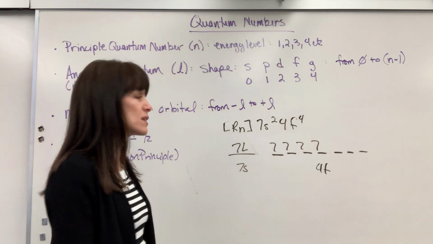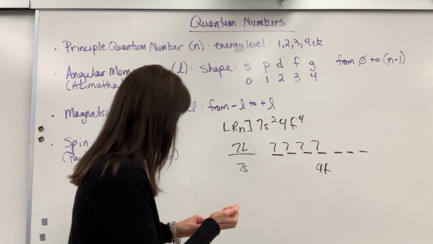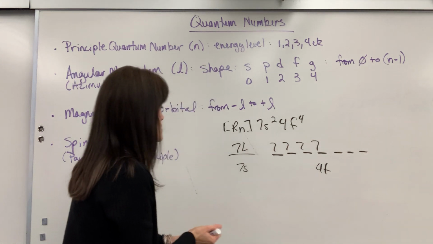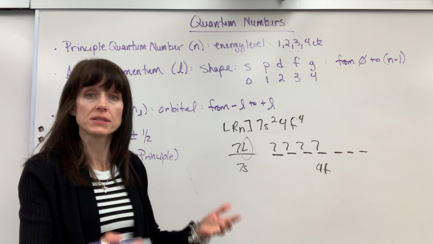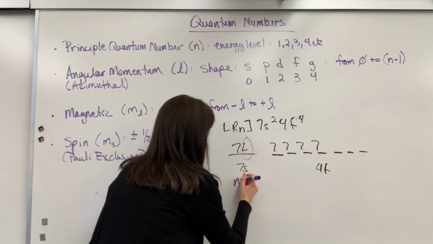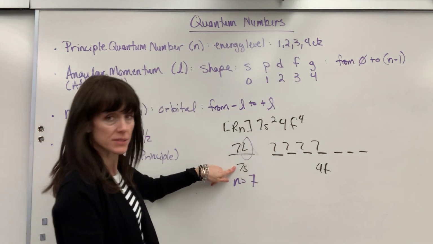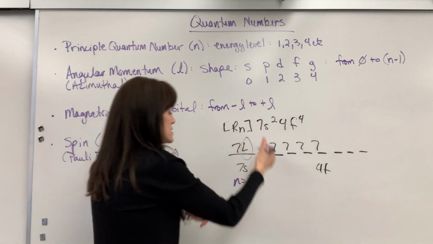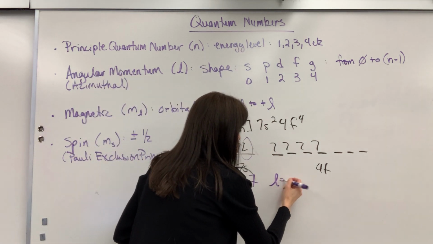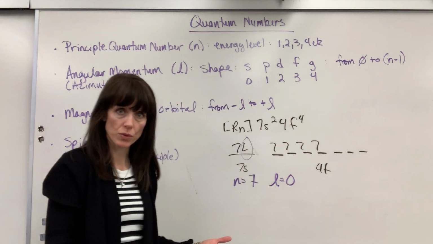Okay, let's do 2 on this. Let's first do this one. I want to do that electron right there. What's the energy level? N equals 7, energy level 7. What's the subshell? It's S, so that's a 0. So the angular momentum, azimuthal, is 0.